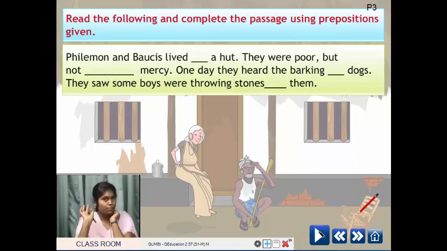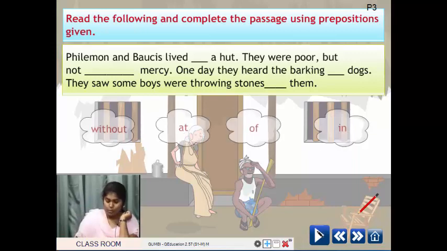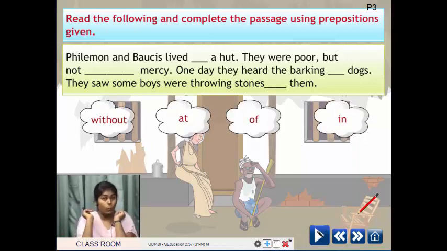So it's an incomplete paragraph. The words are without, at, of, in. Now you should fill the correct preposition. Let's try the first sentence. Philemon and Baucis lived dash a hut.